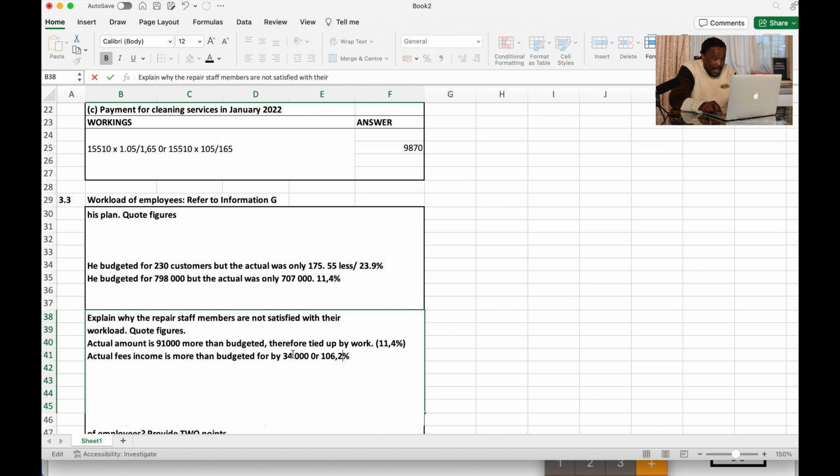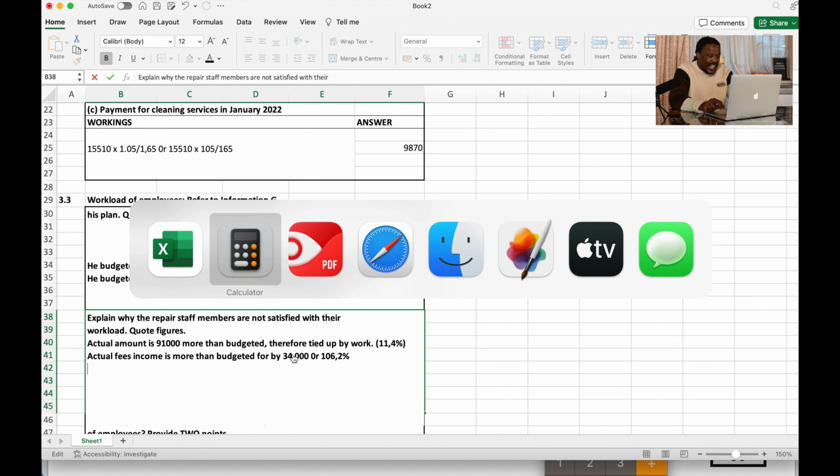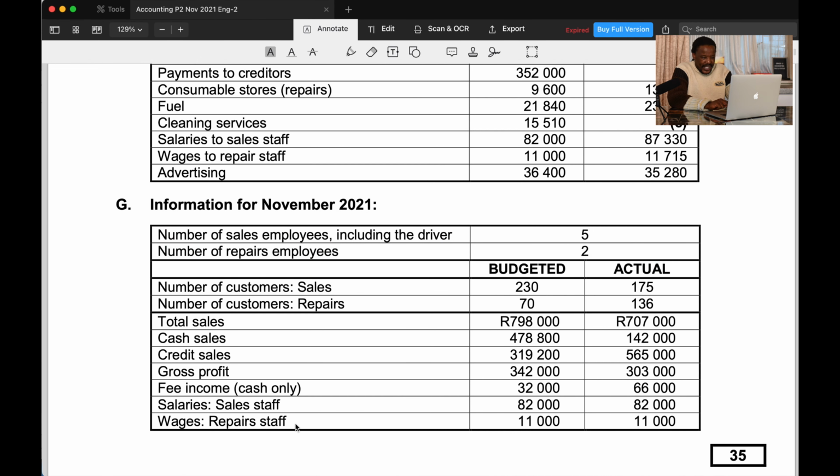Another point maybe you can mention, like the last one, for bonus sake, is to look at salaries of repair staff. Wages, they are paid wages. And when you look at the wages paid, it's fixed between two of them.